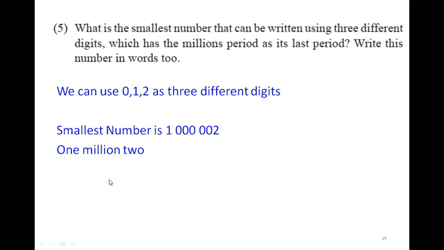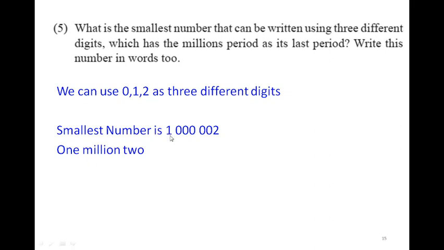So let's start by thinking about the digits we can use: 0, 1, 2, because we have to use 3 digits. If we put 0 in the millions place, we will not have a millions period. So to have a millions period, we should have 1 at the millions period.